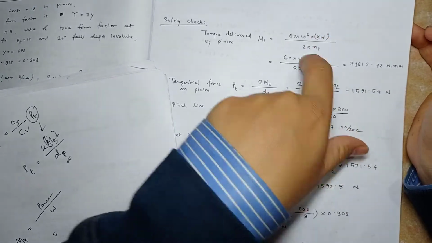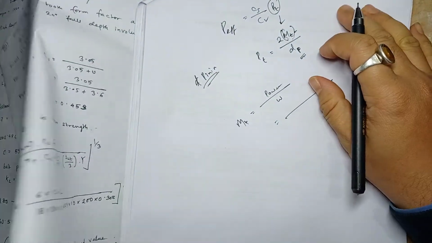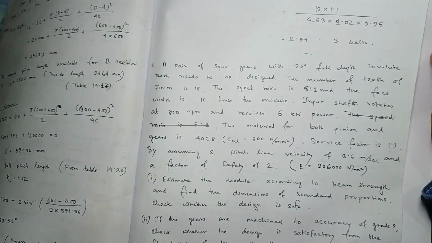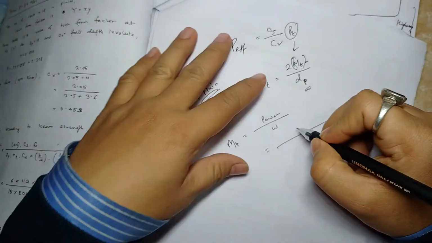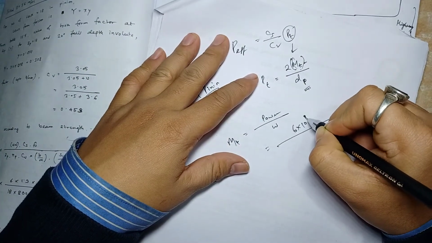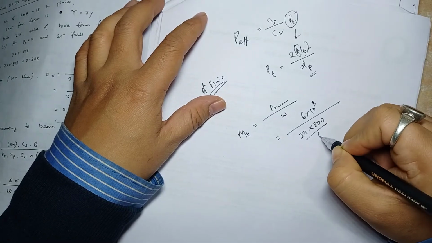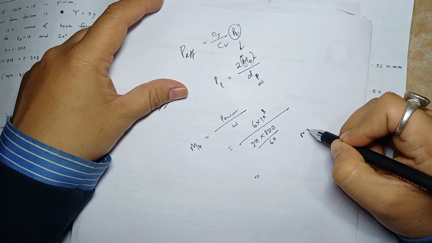So this relation you can write with power given as 6 kilowatt, so 6 into 10 to the power 3, and 2 pi n is 800 by 60. Now this is in Newton into meter.